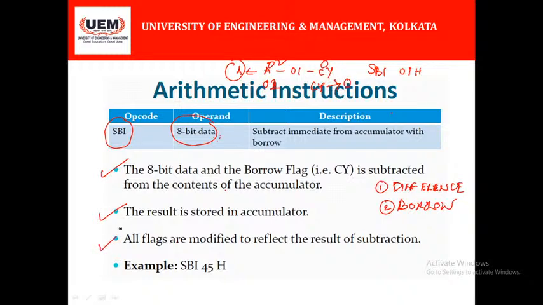So all the flags are modified to reflect the result of subtraction, as my difference is stored in the accumulator, and as the accumulator directly affects the flag register. In case of SBI, SB stands for subtraction with borrow, I for immediate. That means subtract immediate from the accumulator with borrow.